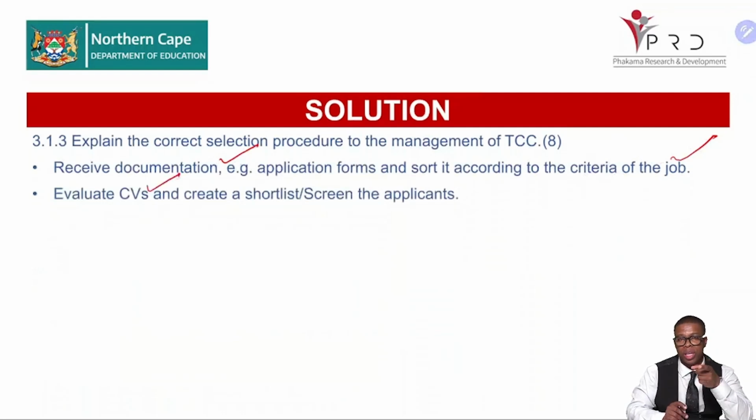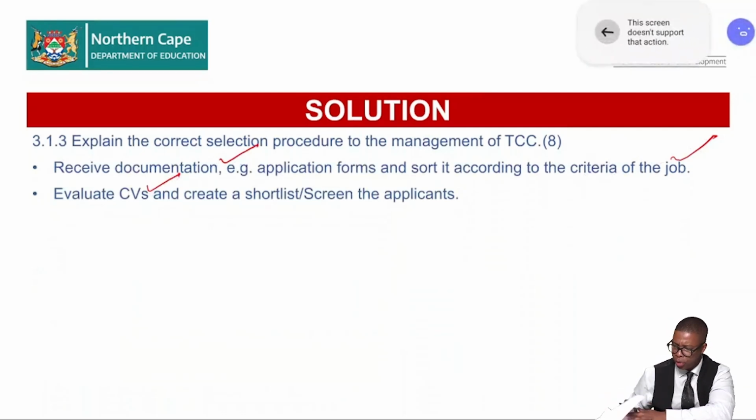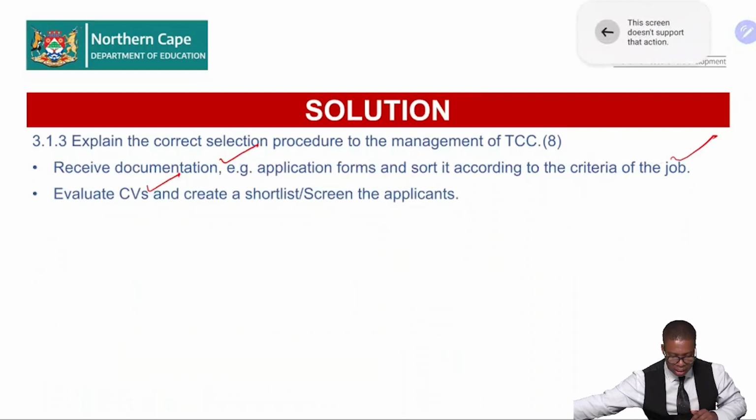What is to evaluate? To evaluate is to study something carefully, meaning the business will have to go through the CVs. For instance, here I have a CV with me. They are evaluating, checking the qualifications and everything for every candidate who has applied.